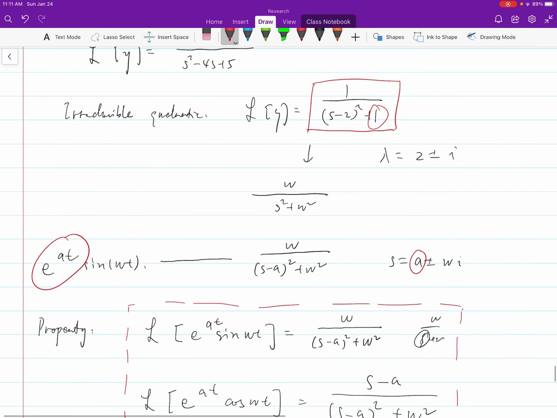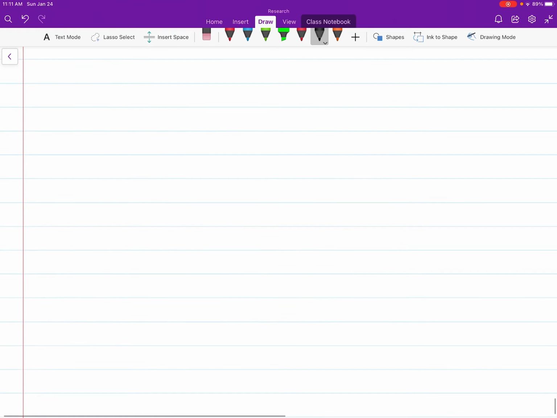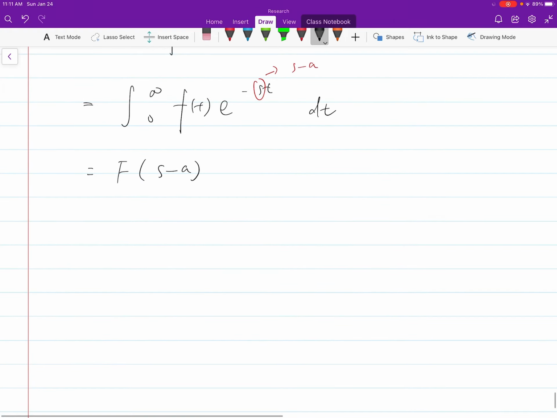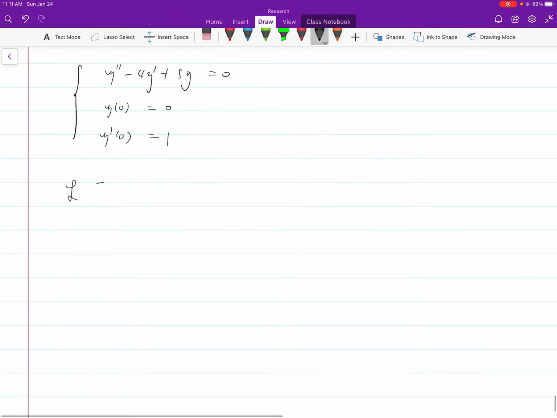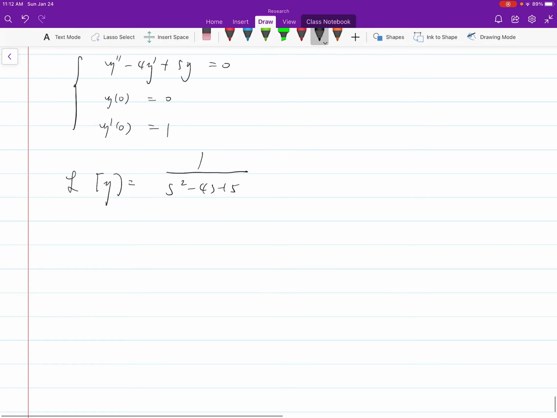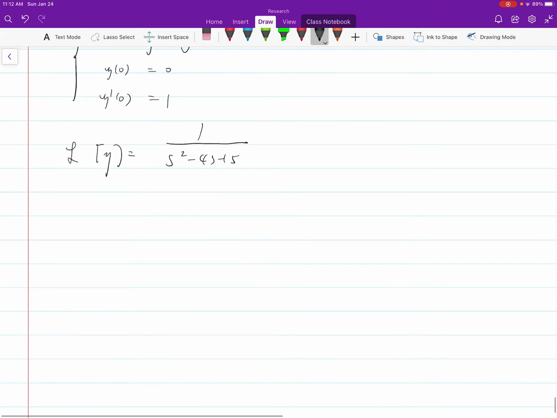So once we have that, let's continue with what we have here. We started from this. We end up with this; we try to split them into two linear factors. We find these are irreducible.